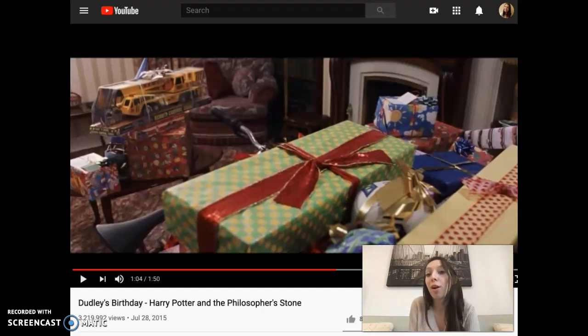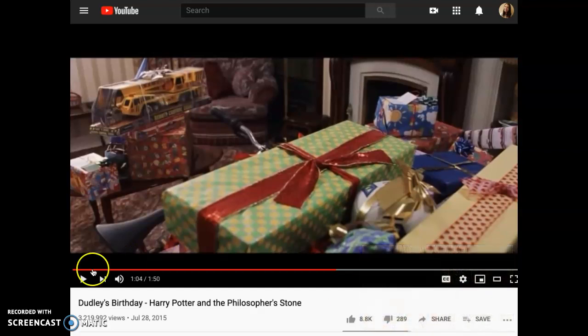So we can already tell that Dudley seems to have an upper hand in his relationship with Harry. It's not a typical sibling relationship. We can also tell that the parents are very rude and aggressive with Harry. So if they're already that rude, it seems like they are trying to exert power over Harry. Let's continue to watch the clip.